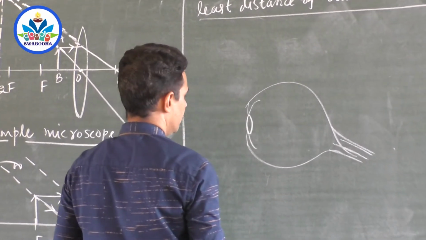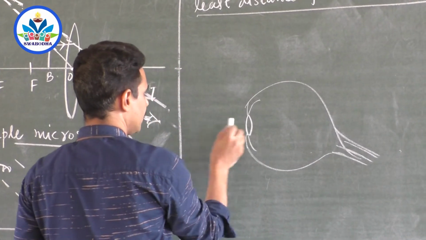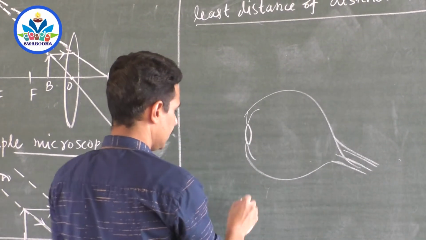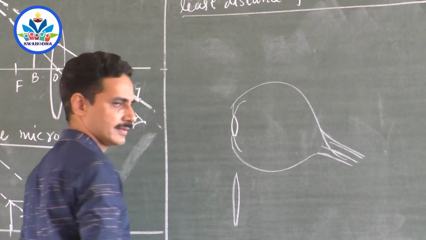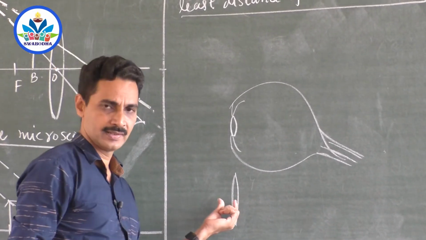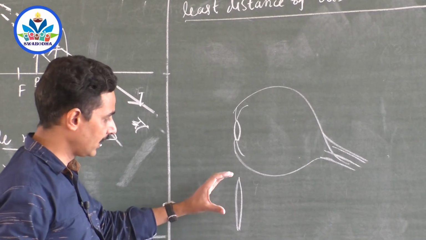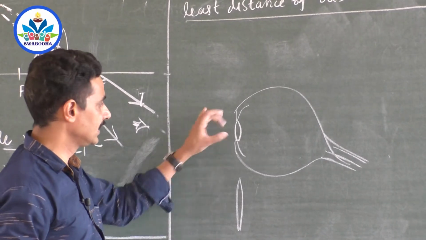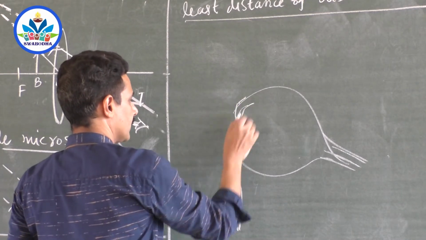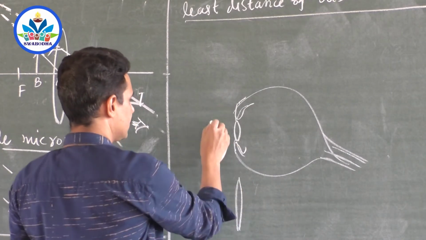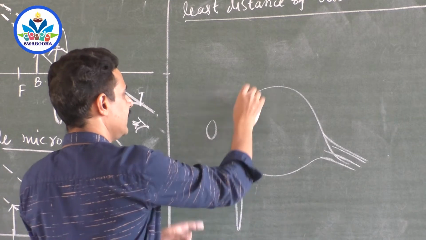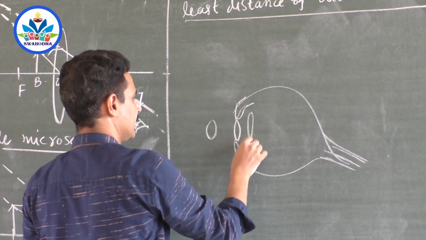The eye lens will change its radius of curvature, both the surfaces, by bulging itself when it is compressed and becoming very lean when it is expanded. So these ciliary muscles will contract and make the lens very bulged like this. And these ciliary muscles will expand and the lens becomes very thin.